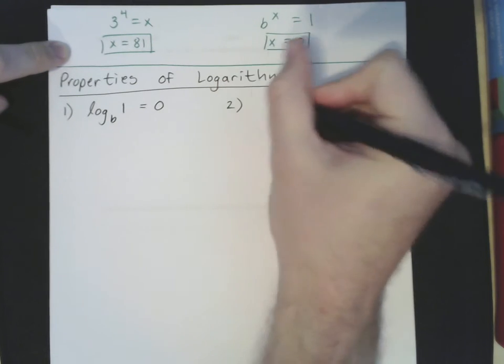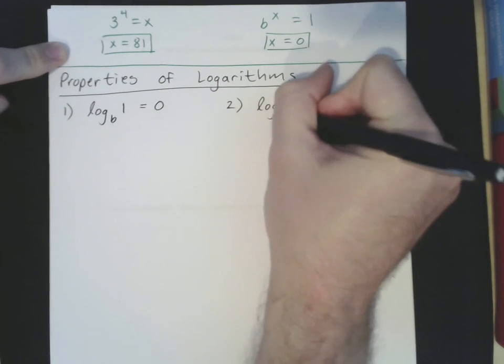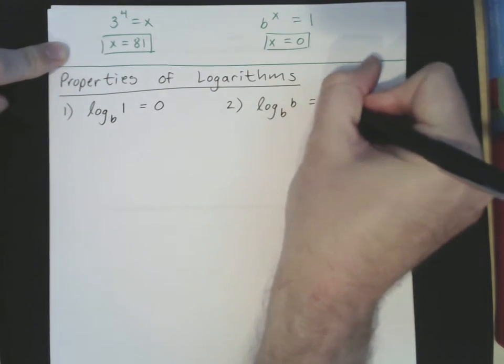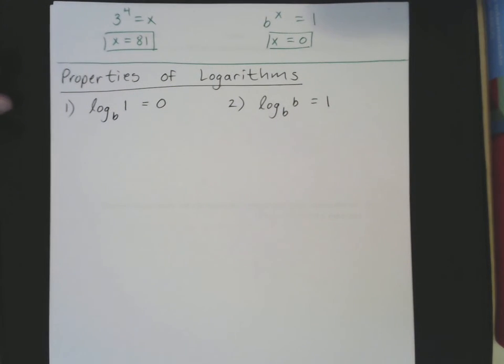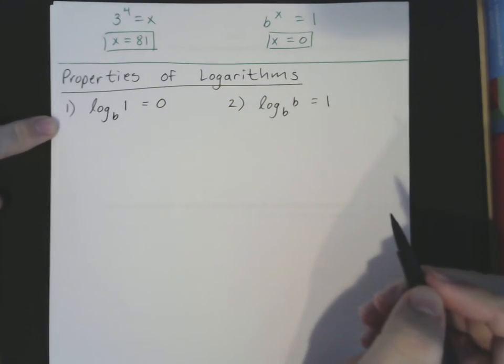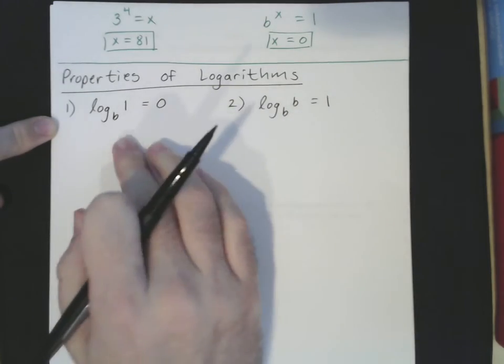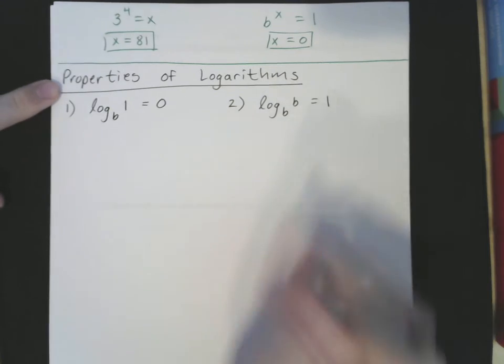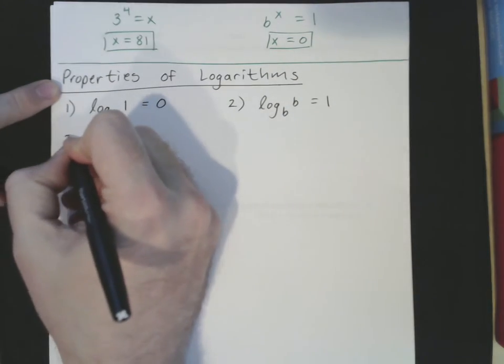And along with that, log base b of b will always be 1 because anything raised to the 1st power, b to the 1st, is equal to itself. So these are 2 properties or answers to logarithms that you should know.